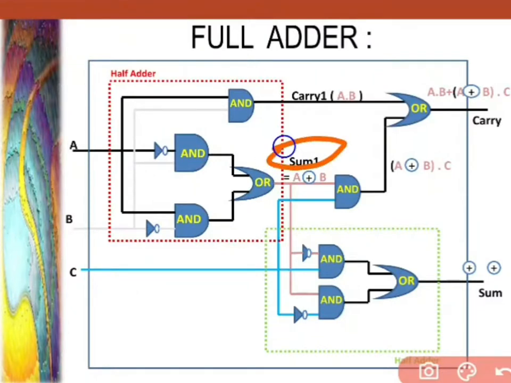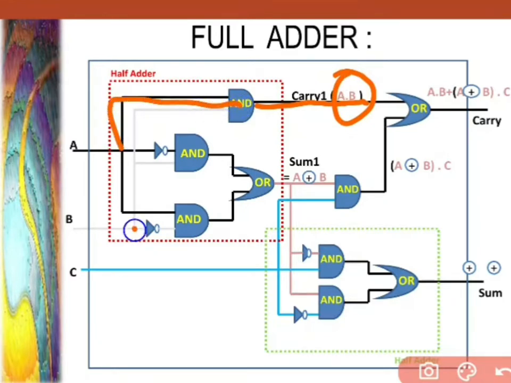The formula of the carry from the first half adder is AB, because we are passing A and B.